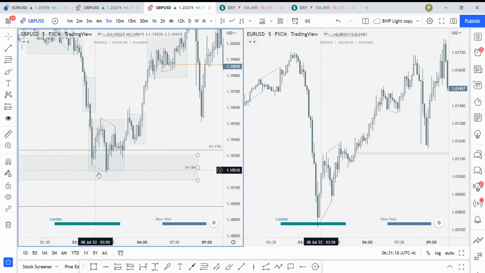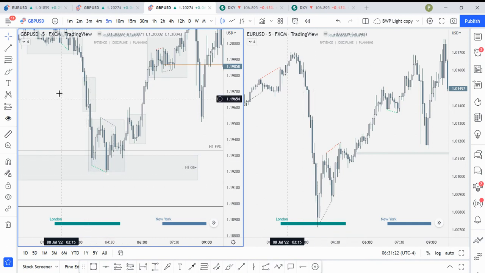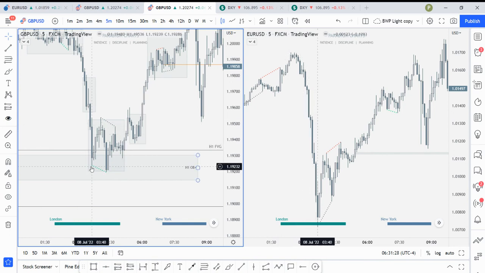All right, this is an SMT divergence. Just focus on this vertical line, that crossbar. If I drag it to this low, look at the same low, 340 on euro.